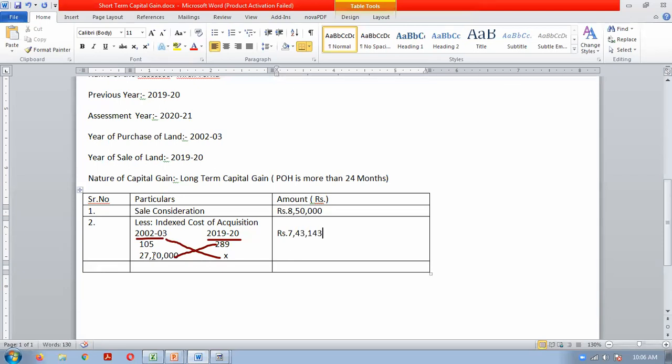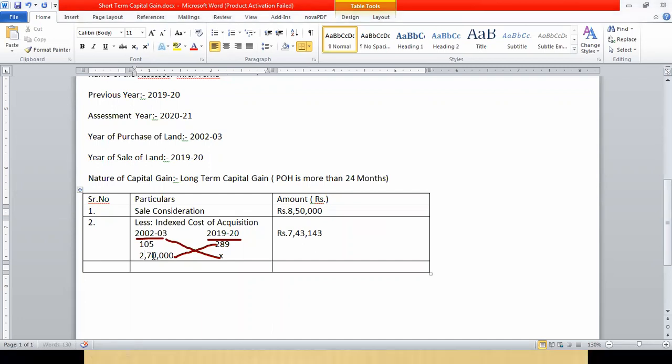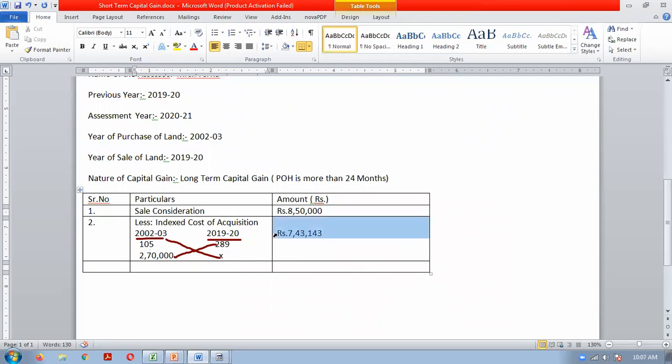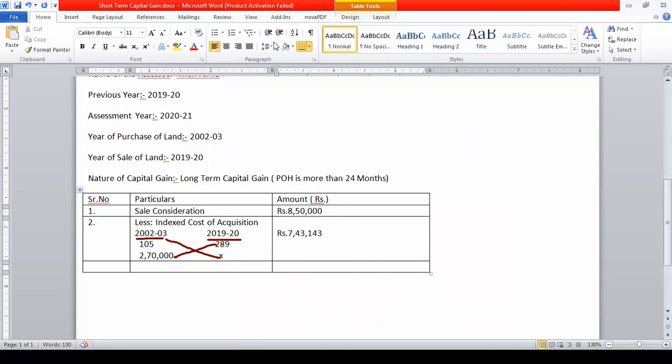So instead of 2,70,000, we are taking 7,43,000, because the years are very different, so it is not proper to compare 8,50,000 and 2,70,000. In that case, the gain would be very high. That's why we are substituting the cost with the indexed cost.